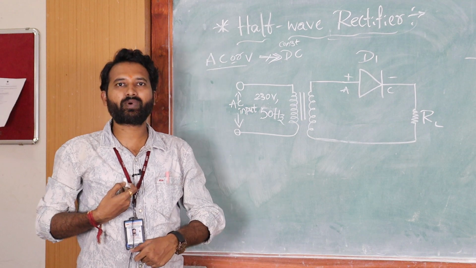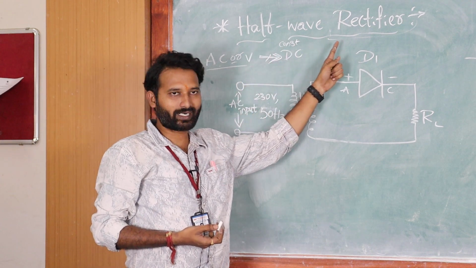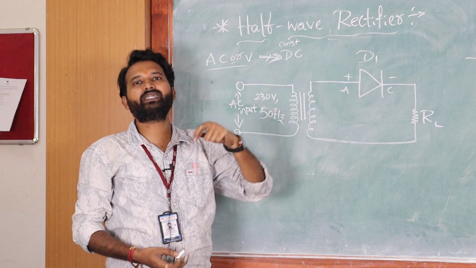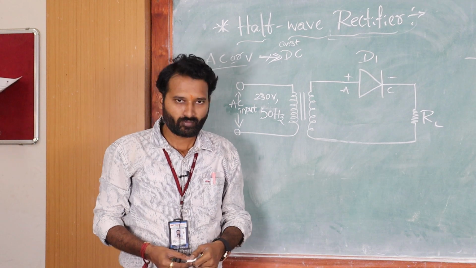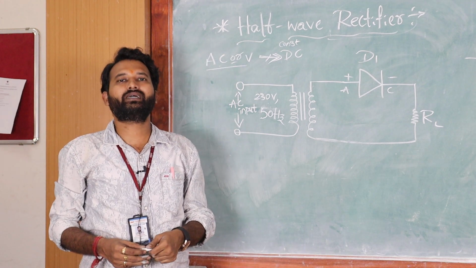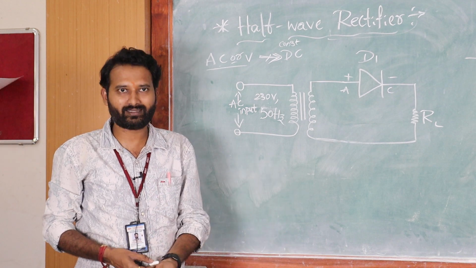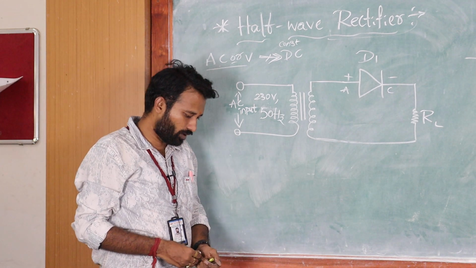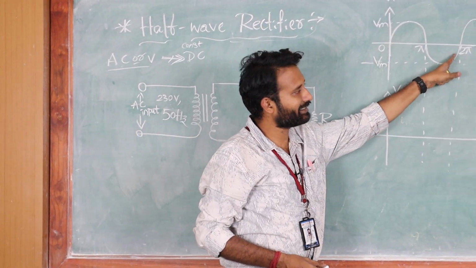Now our prime focus, the topic, is half-wave rectifier. Let me define what you mean by half-wave rectifier. It's a type of rectifier, an electronic device which converts one half of the AC cycle. This is our AC input.